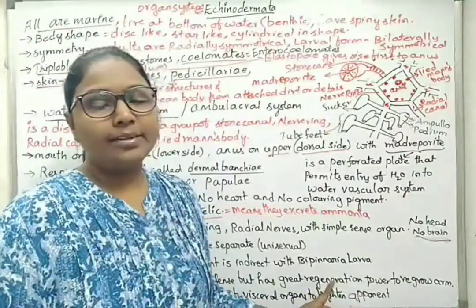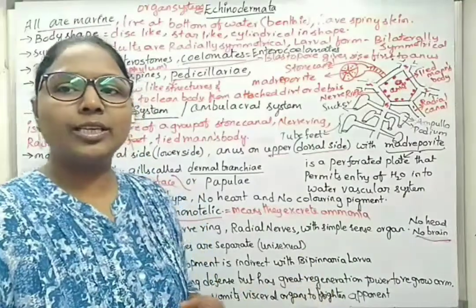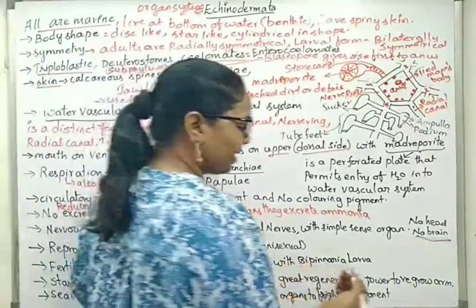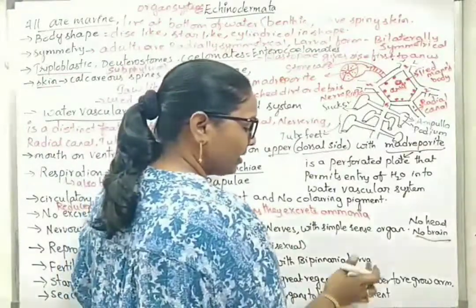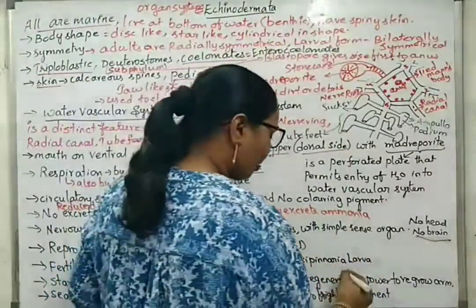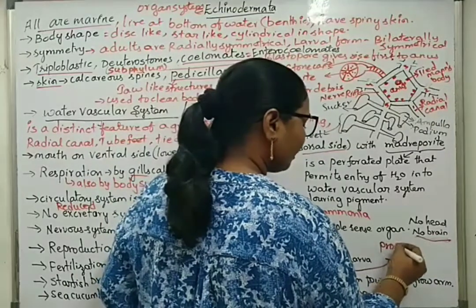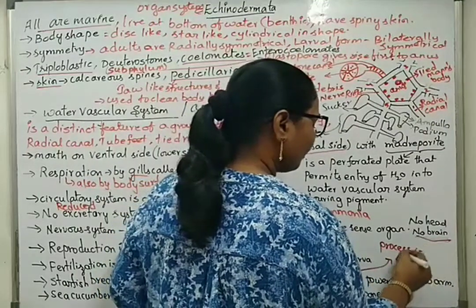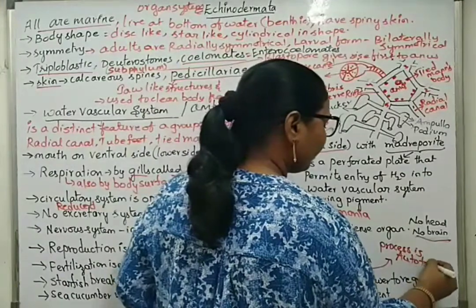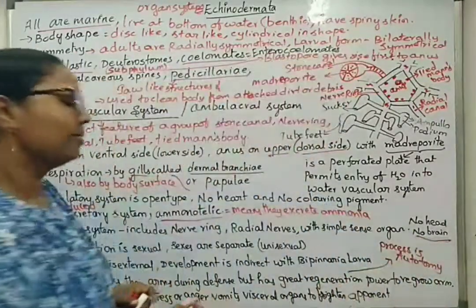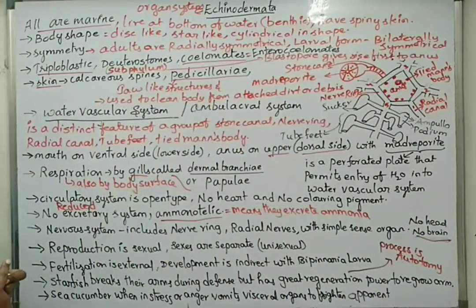But later it can regrow that arm. That nature is called regeneration capacity, and that process is called autotomy, means defending itself from the predator.